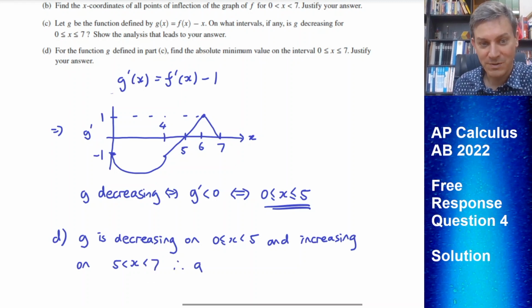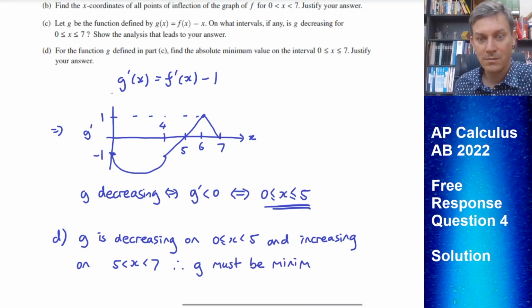So therefore g must be minimum at the point x equals 5.